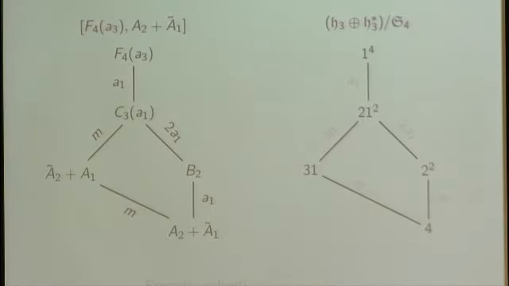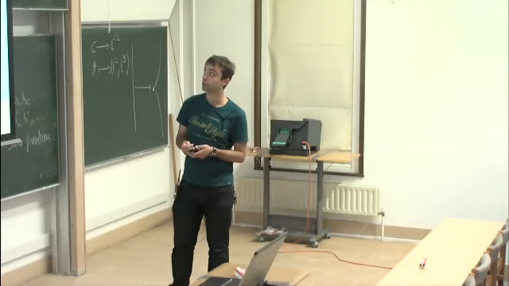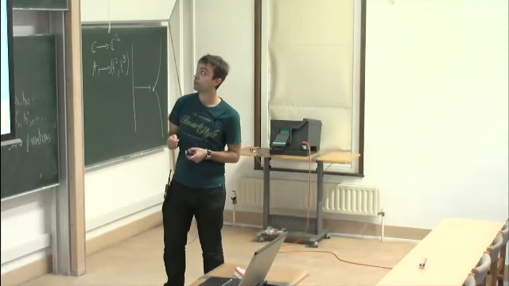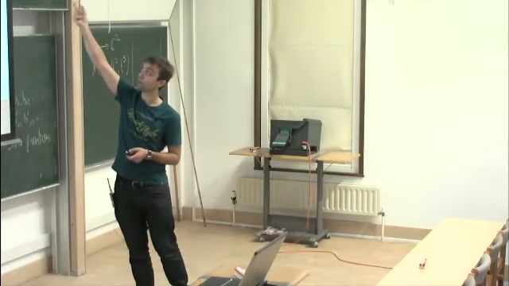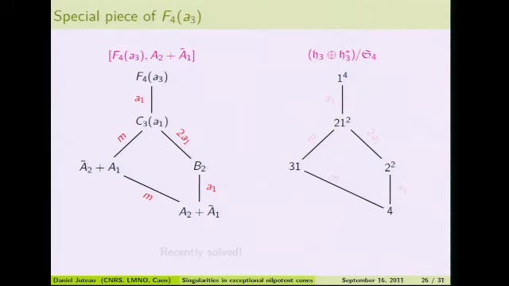Lusztig predicted many things. He said it should be the quotient of a smooth variety by this finite group, which is a reflection group, and the orbits should correspond to the places where the points have some kind of stabilizer, some conjugacy class of parabolic subgroups of this reflection group. So for the symmetric group, you have partitions, and this ordering is inclusion up to conjugation of subgroups.